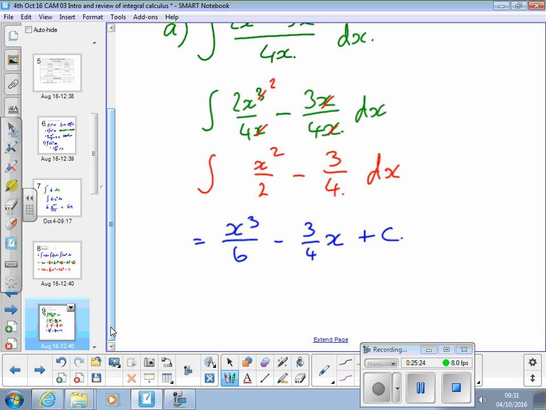Anyone disagree with that? The variable just returns to the constant. Add 1 to the index and divide by the new index. So our bottom line here becomes 2 times 3, 6.